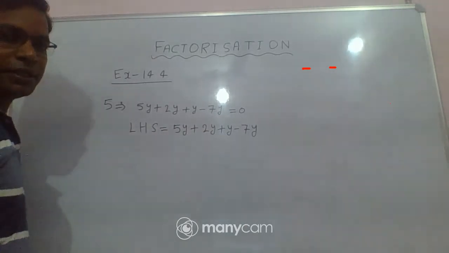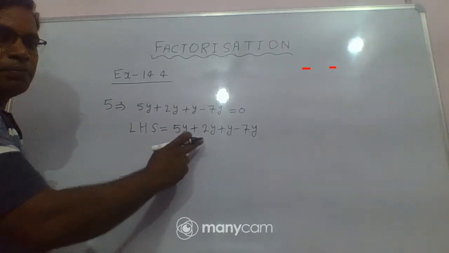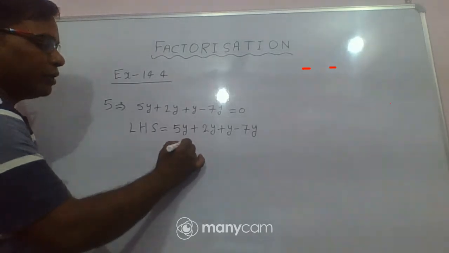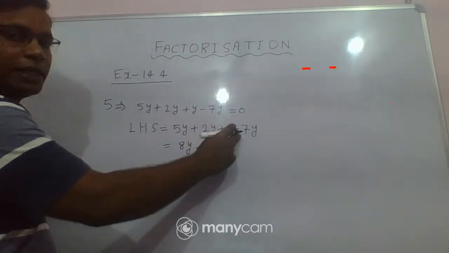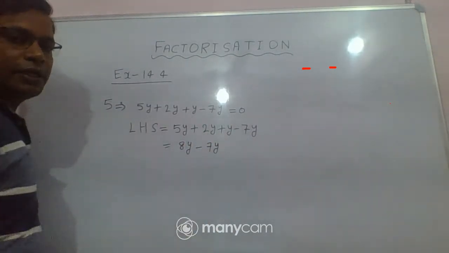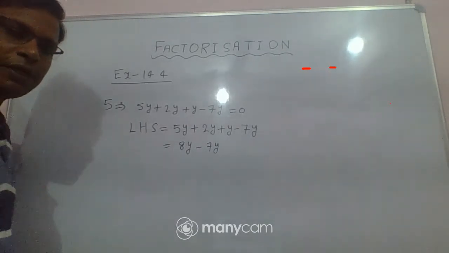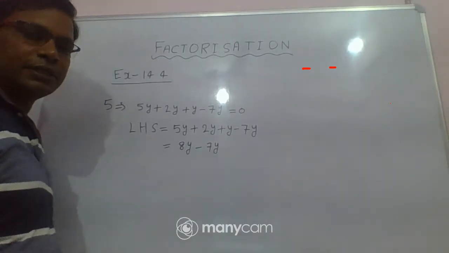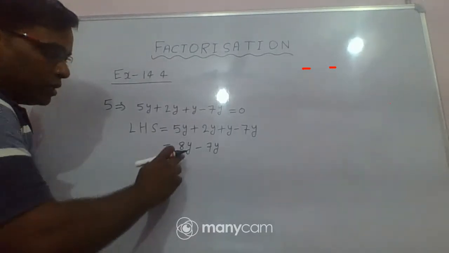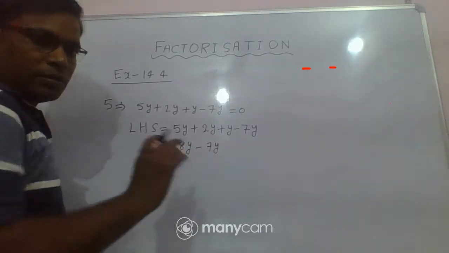You can take y common in each case. So first we add, and after this we subtract. So 5 plus 2 plus 1 is equal to 8, 8y. And minus 7y we write as it is. Clear?